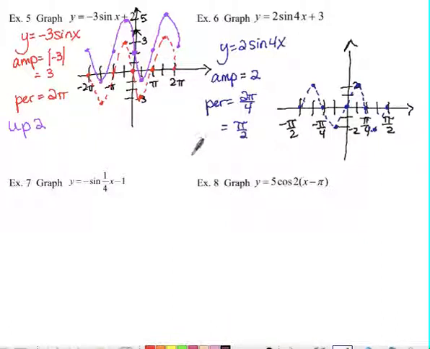Then my graph is just shifted up 3 units. So I'm going to take every single point and shift it up 3 units.